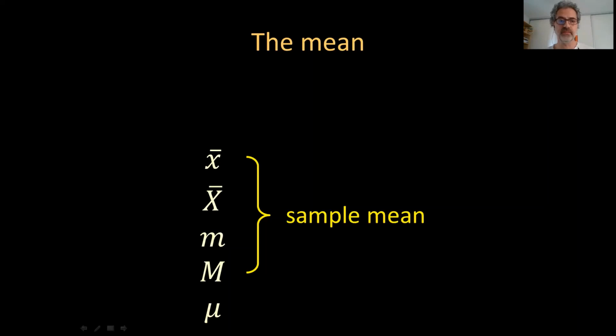In contrast, this symbol, the lowercase Greek letter mu, refers to the population mean, which we usually don't know. So it's still a mean value, but it's a mean value of everyone, including those we haven't measured. So to be formally correct, when we have a sample, when we measure some people on a variable, the mean value of our observations would be x bar.